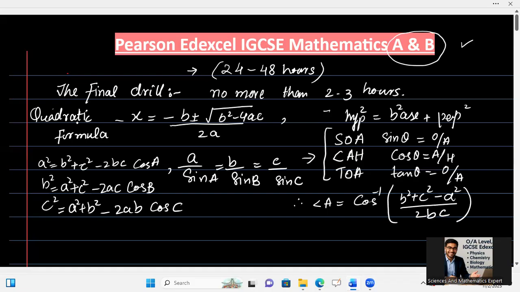These are the law of cosines and law of sines for the calculation of triangles.